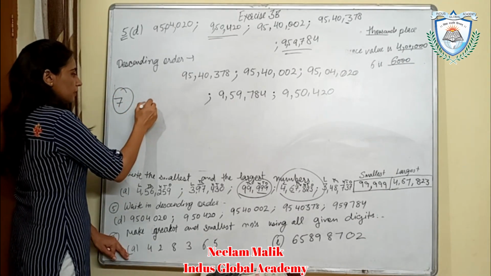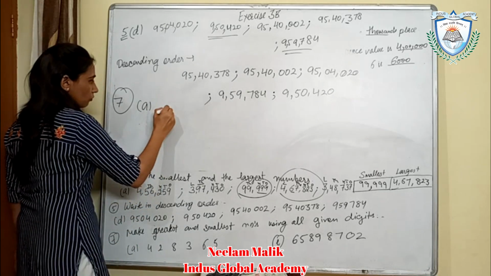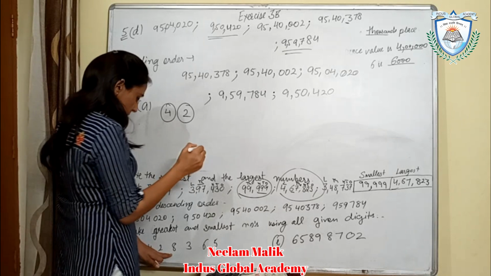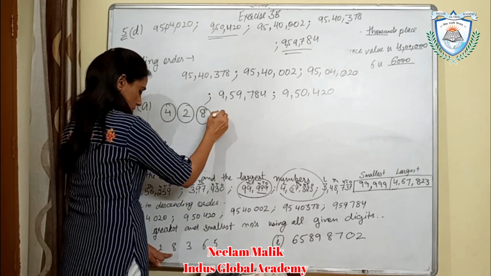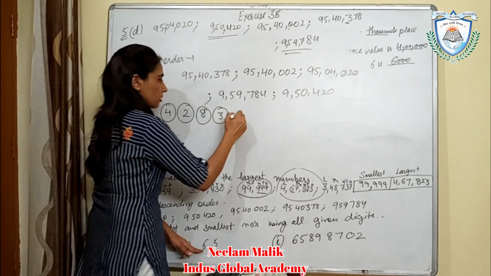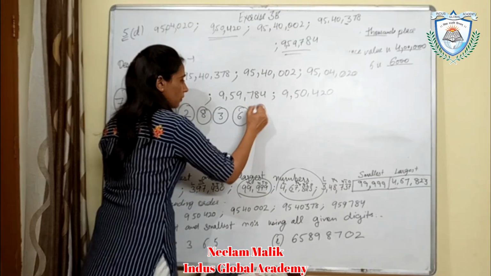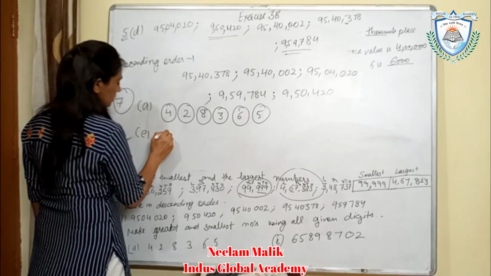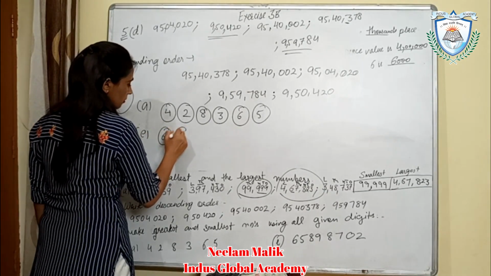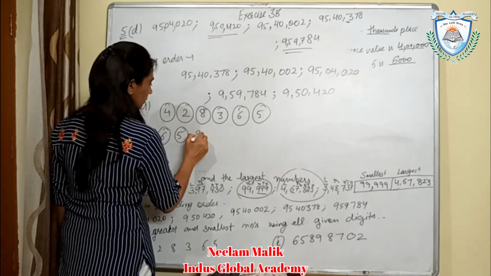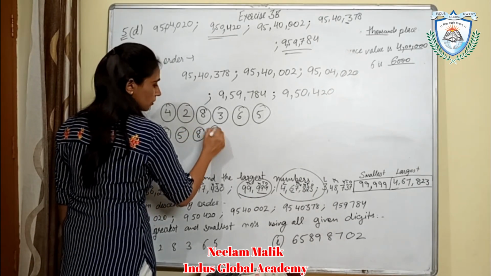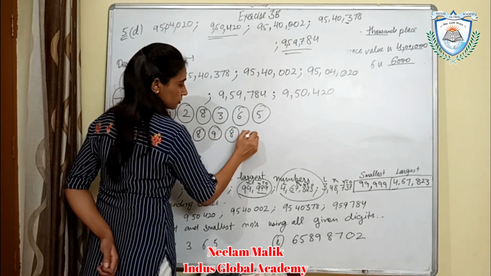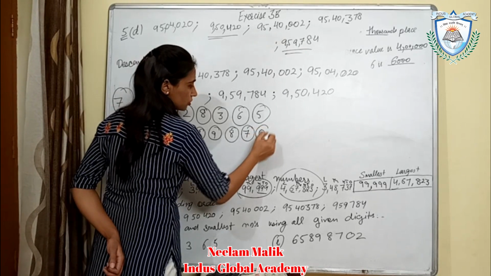A part. In the A part, digits 4 is given, 2 is given, 8, 3, 6, 5. Okay, in the E part, 6, 5, 8, 9, again 8, 7, 0 and 2.